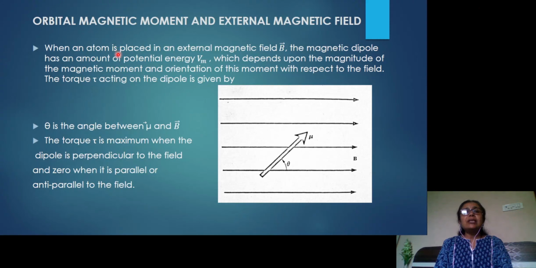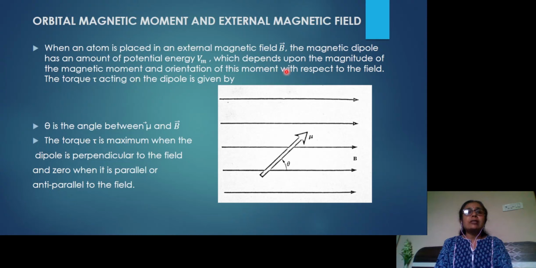When an atom is placed in an external magnetic field B bar, the magnetic dipole has an amount of potential energy Vm, which depends upon the magnitude of the magnetic moment and the orientation of this moment with respect to the field.